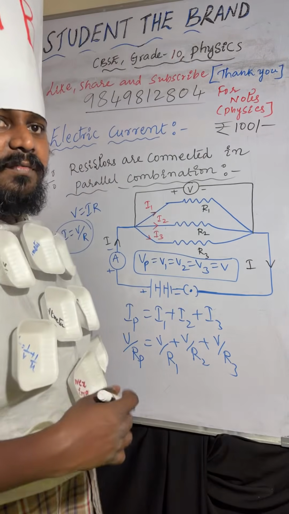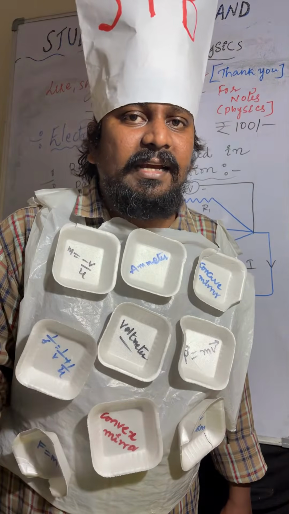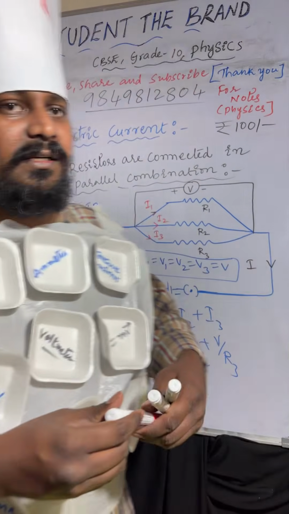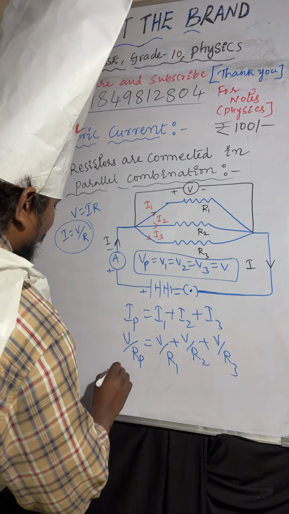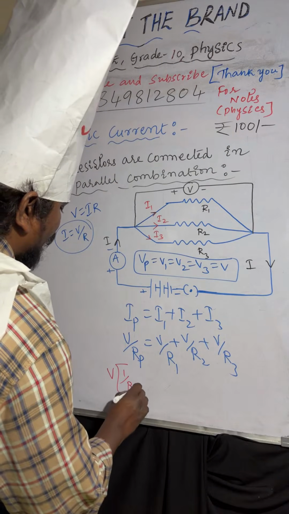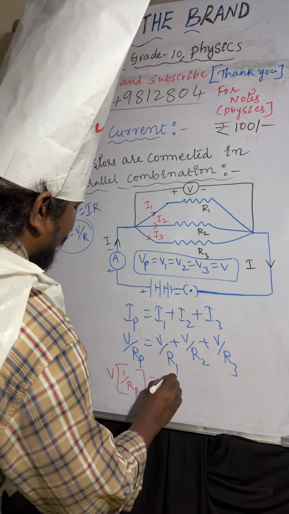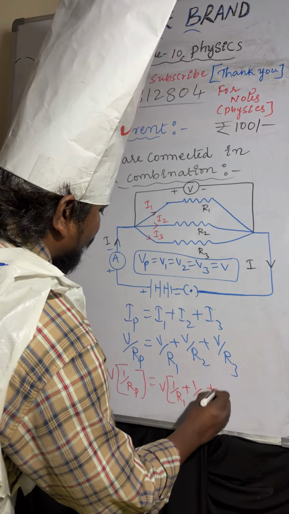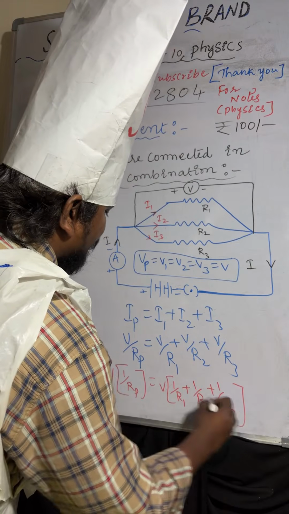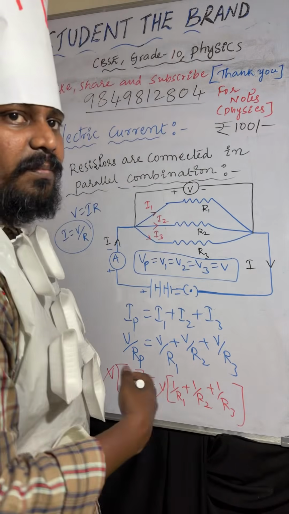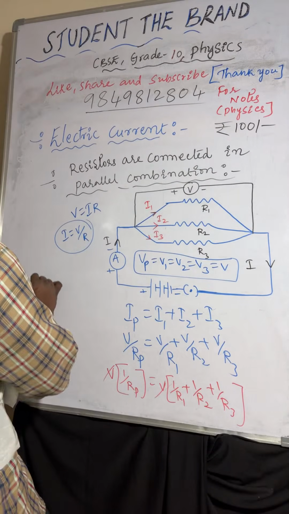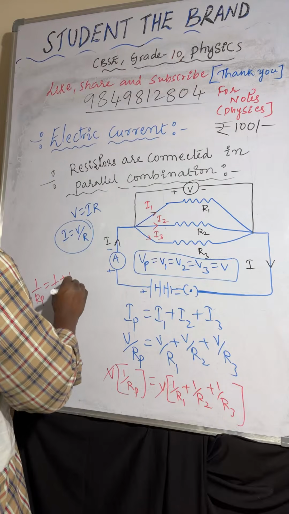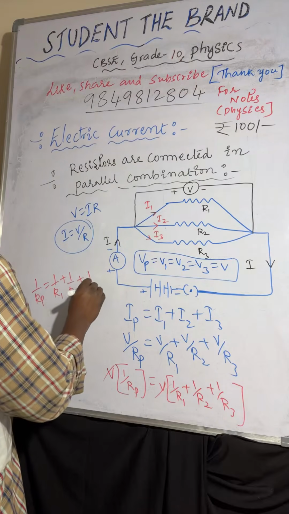V is common, so I am taking V common and cancelling the V term on both sides. So 1 by Rp equal to 1 by R1 plus 1 by R2 plus 1 by R3.